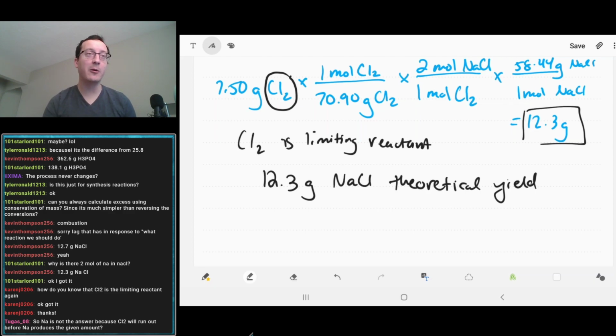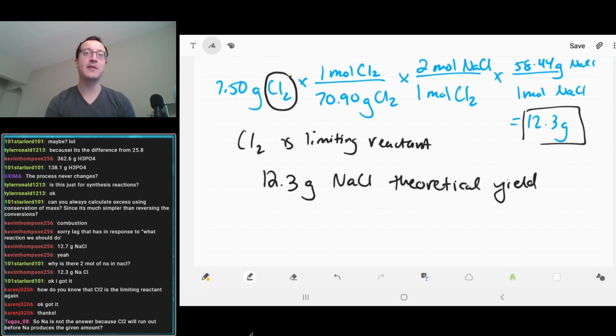So chlorine will run out, and so we will have extra sodium hanging around. What was I saying? Oh yeah, reality. So in reality, it's nice to say, okay, the sodium and the chlorine are going to react together, they're going to be perfect, and we're going to make our 12.3 grams of sodium chloride.